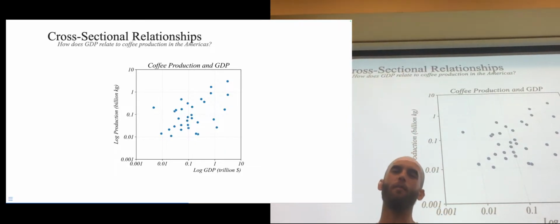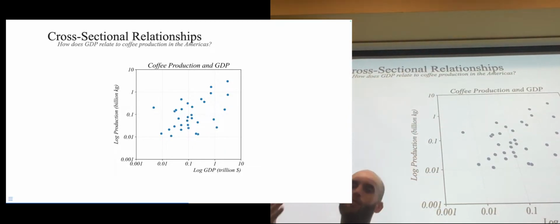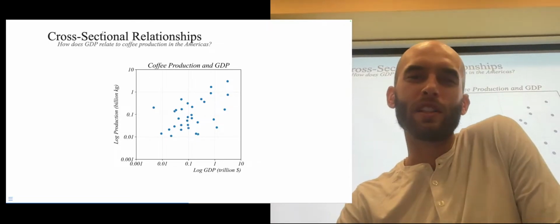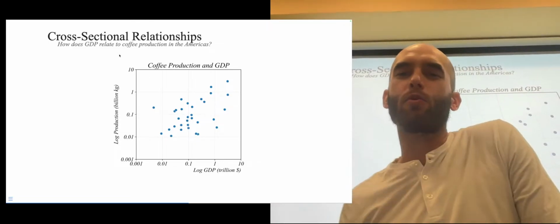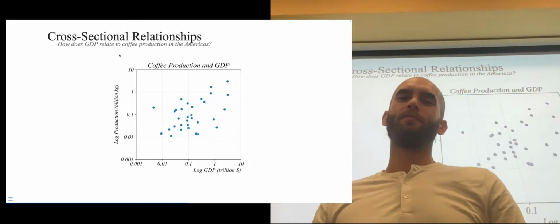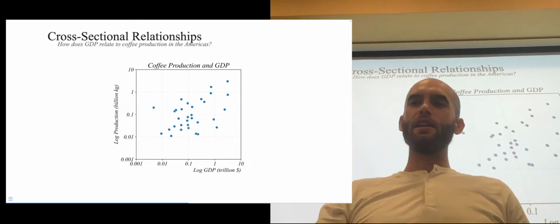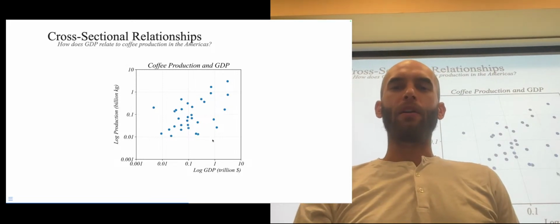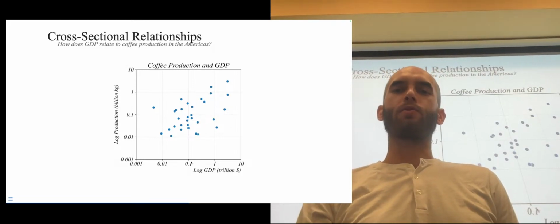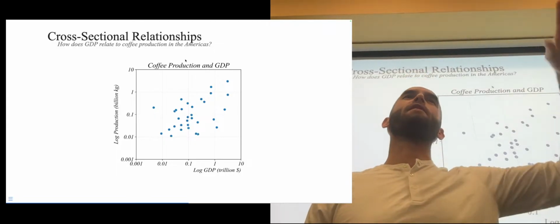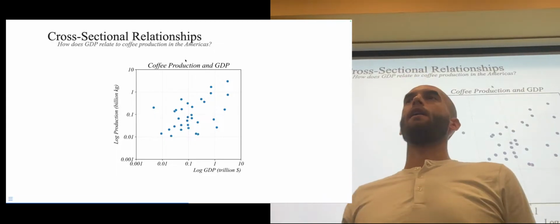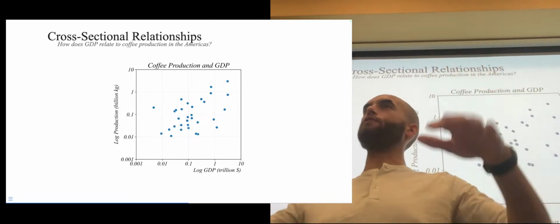One thing we also might ask, and here, it looks like coffee production is related to GDP, at least for the countries we're looking at. But in addition to the overall pattern with all of the countries, we could also identify subsets of our data. This is sort of previewing a bit of part 2.